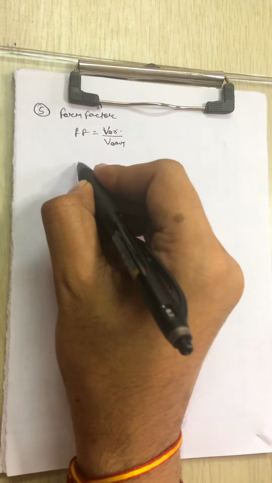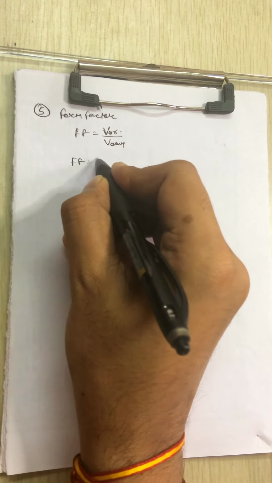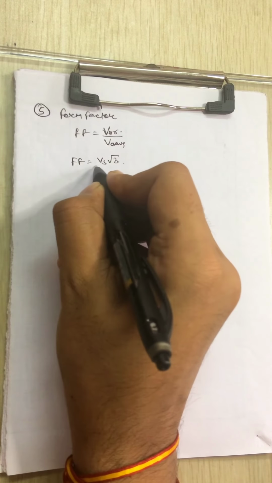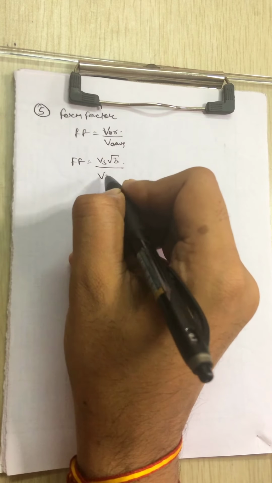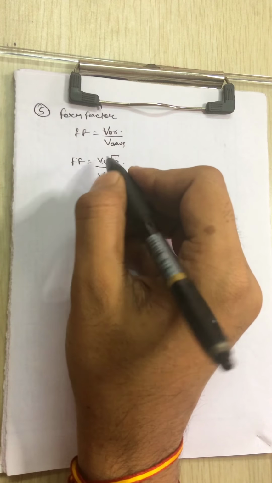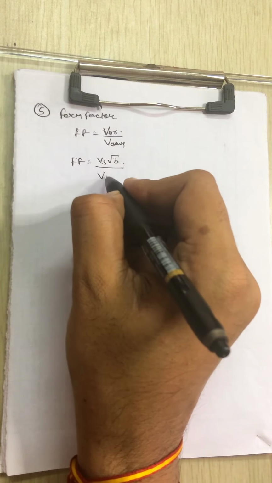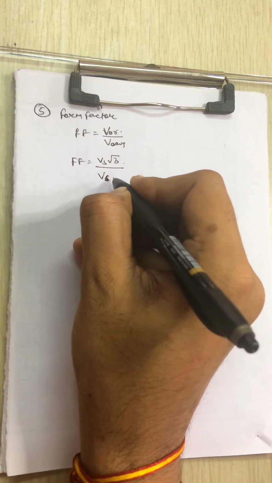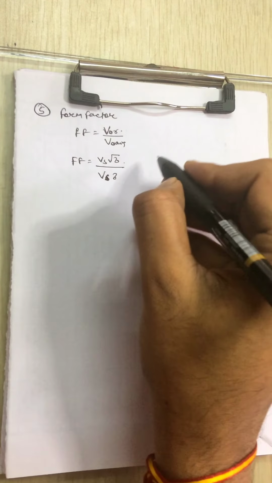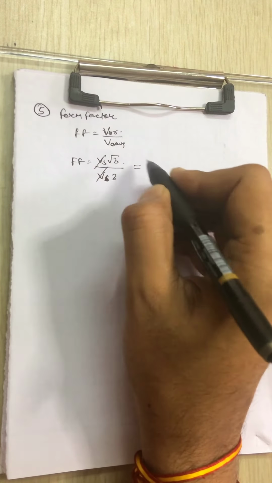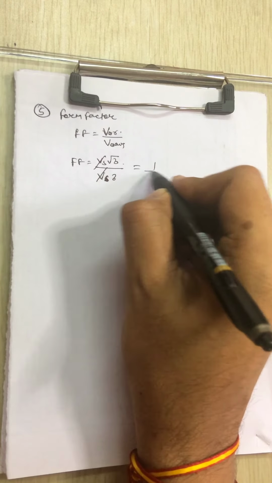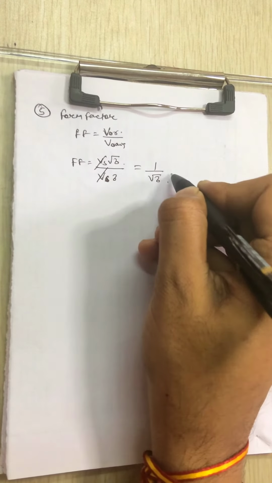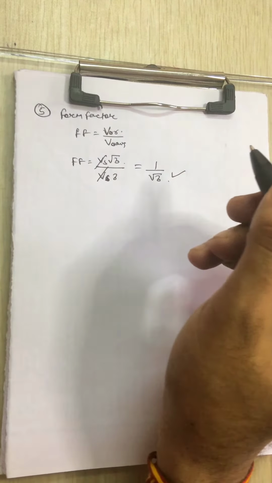So form factor is equal to Vs under root of delta divided by Vs into delta. Vs gets cancelled out, so we get 1 by root delta. This is the form factor.